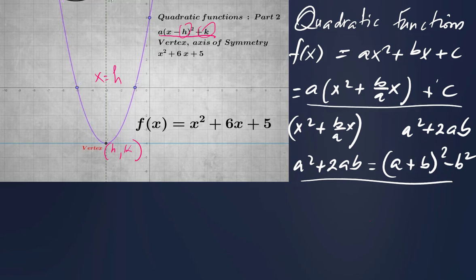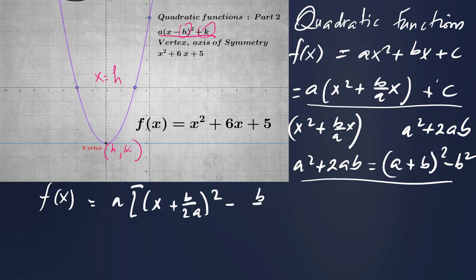So let's apply that here. We can say then f(x) is equal to a factoring (x plus b over 2a) squared minus (b over 2a) squared. That is the first part here. Now plus c, correct? We have to close this one here.